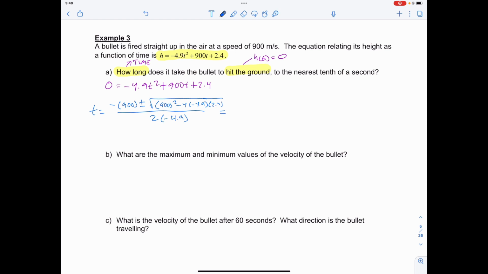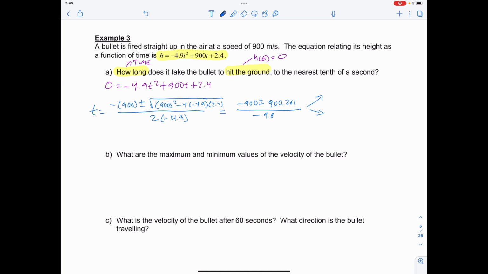This is going to give me approximately negative 900 plus or minus 900.261, all divided by negative 9.8. And then from there, we're going to do the positive and negative versions.